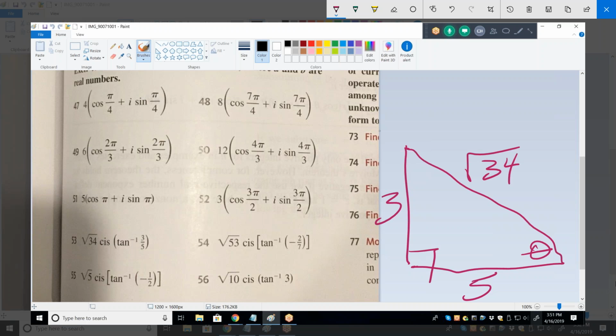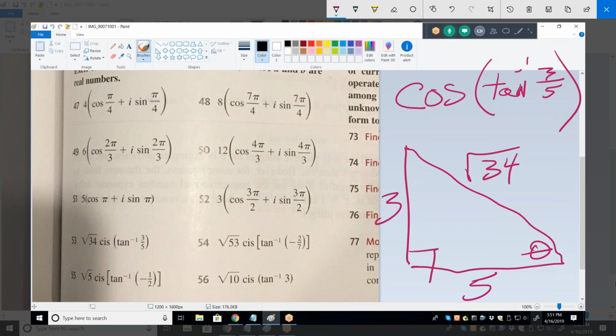So, notice we don't know what theta is yet. That's right. So what's the cosine of the inverse tan of 3 over 5? That is 5 root 34 over 34.